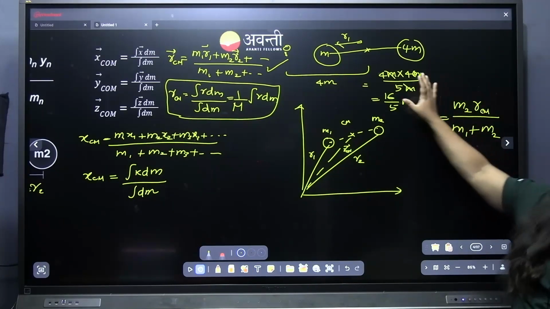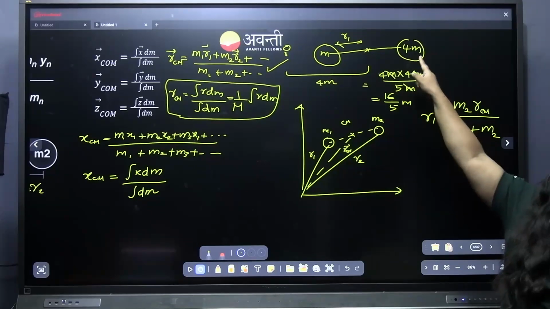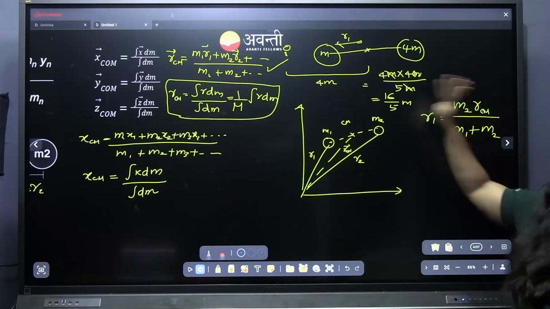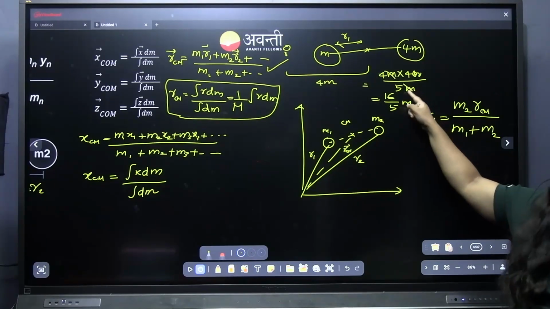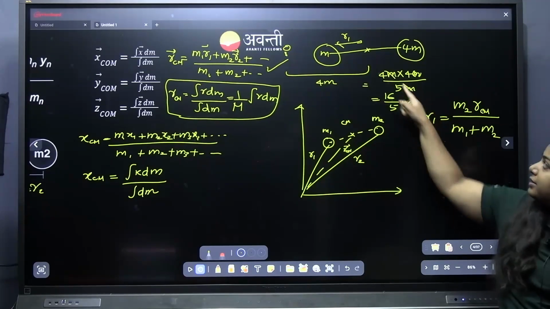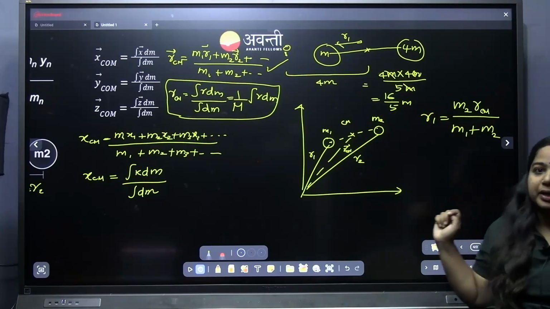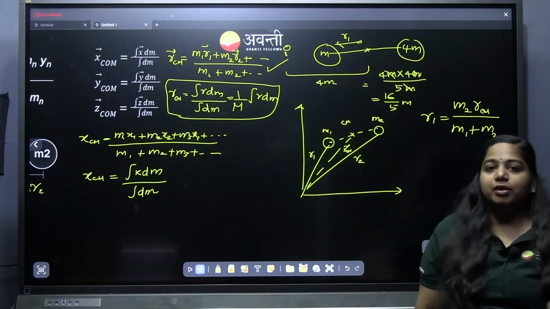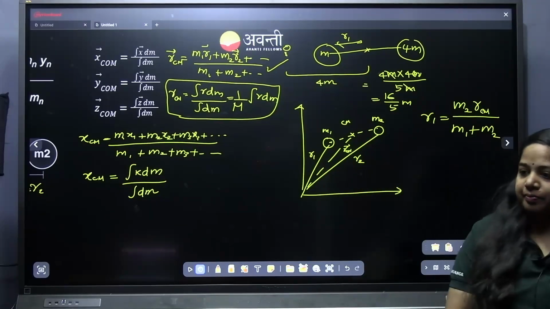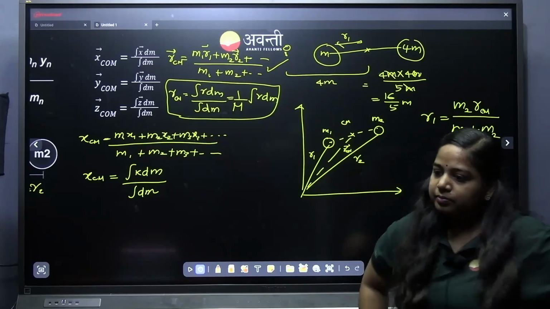I directly substituted the values. m2 is 4m, RCM is 4 meter, and m1 plus m2 is 5m. Then m cancels, and it will be 16 by 5 meter. So the distance between the center of mass and the first mass will be 16 by 5 meter. Clear? Okay.